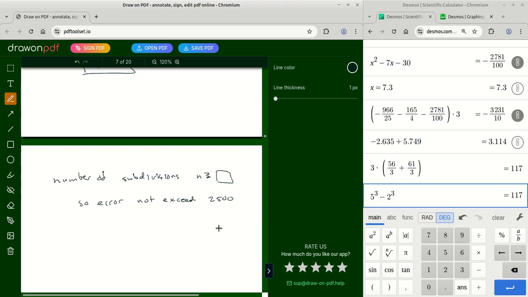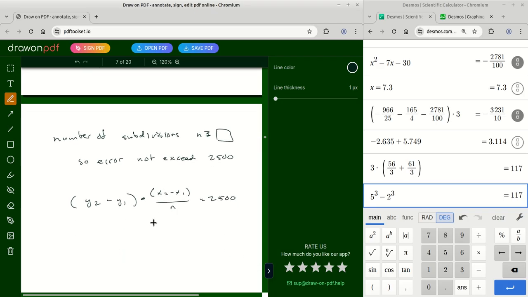Okay, so we have to go back to our error formula. Essentially we have a y2 minus y1, and then I'm going to do my x2 minus x1 all over n. And they're saying that it's basically 2,500 that we're going to be working with here. Now, they're just wanting to find n. So that would be the 287, and then we have a 0. Here we have the 500, and then we have a 0. And then it's all divided by n.